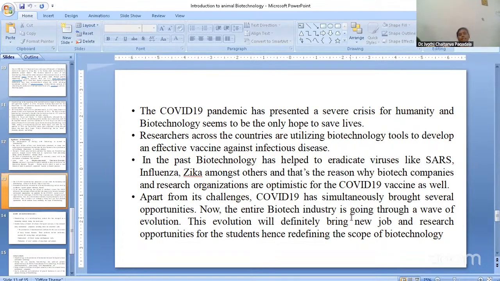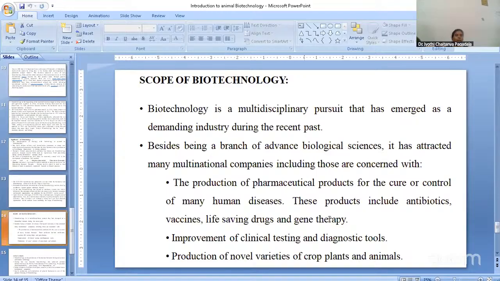Now the entire biotechnology industry is going through a wave of evolution. This evolution will definitely bring new job opportunities and research opportunities for students, hence redefining the scope of biotechnology.